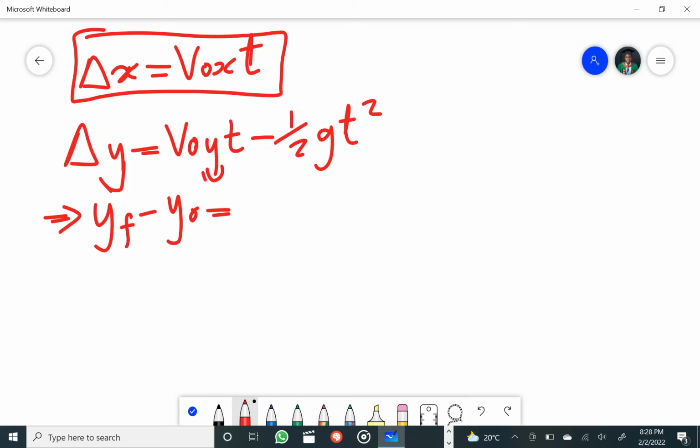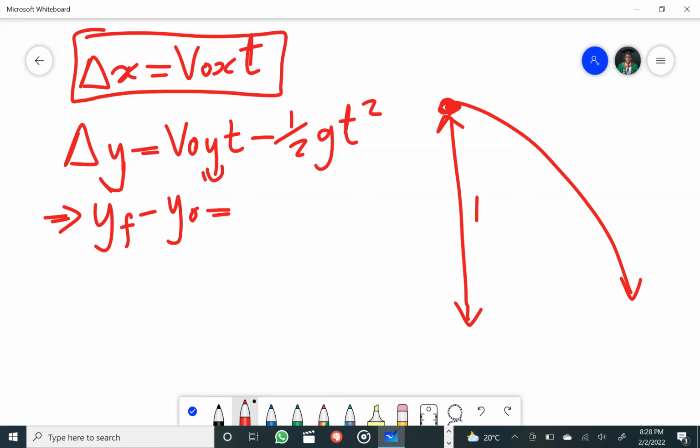Remember, this parcel was on top, and we are told it was at 100 meters. So now this parcel moved downwards, right? Moved downwards 100 meters.